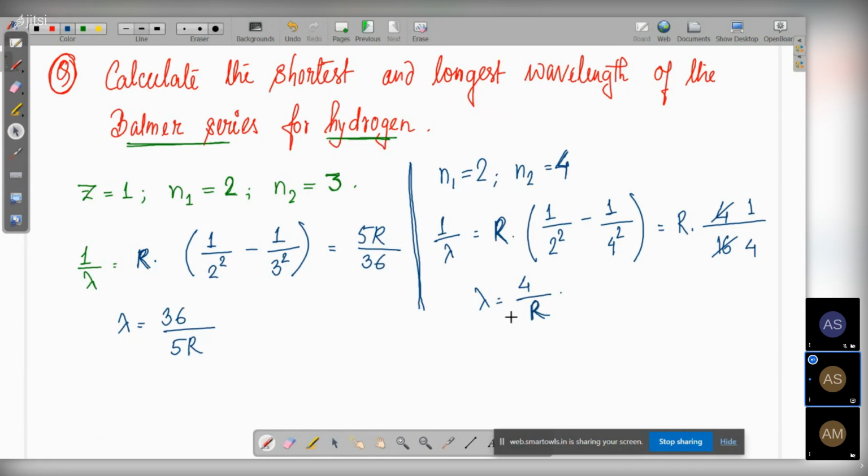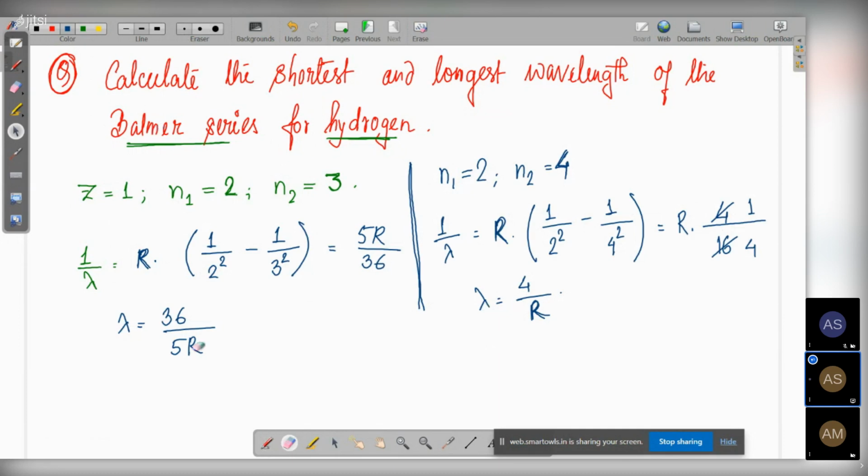So as you can see over here, the value 36 by 5R is larger than the other value. If you compare 36 by 5R and the other one, you will see that this value will be larger.